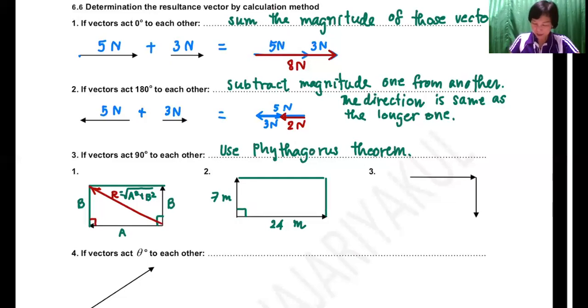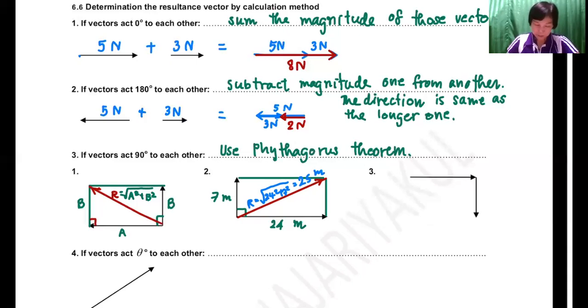My resultant will be this one. Its magnitude is the square root of 24 square plus 7 square, or 25 meters. So our resultant is 25 meters.